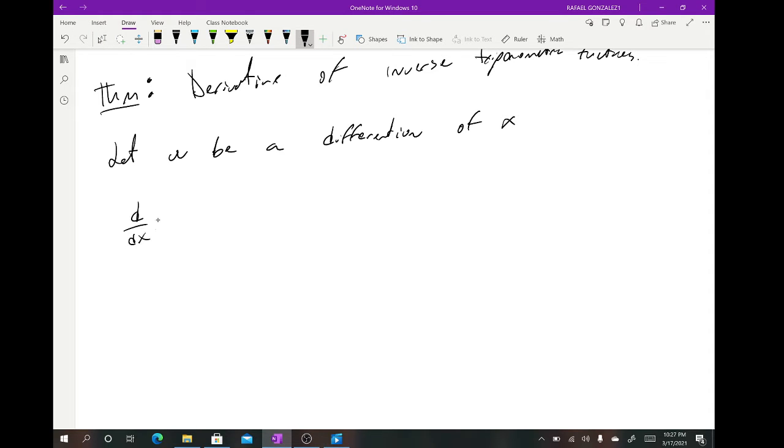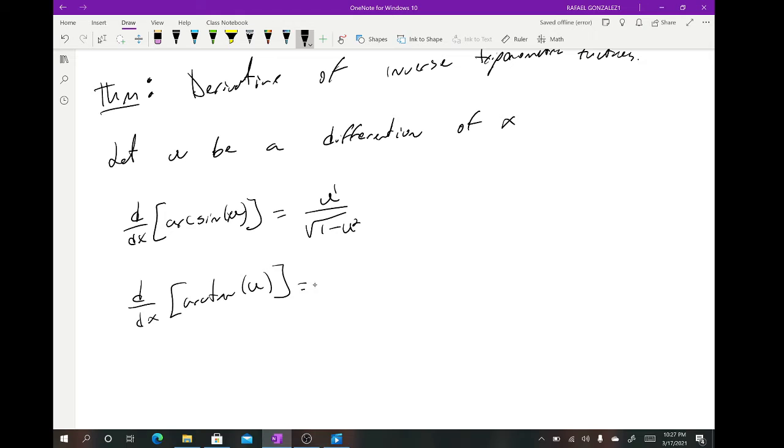So the derivative with respect to x of arc sine of u, doing this in terms of u, for the function u, is equal to the derivative of u divided by the square root of 1 minus u squared. The derivative with respect to x of arc tangent of u, which we just computed, is equal to u prime divided by 1 plus u squared.